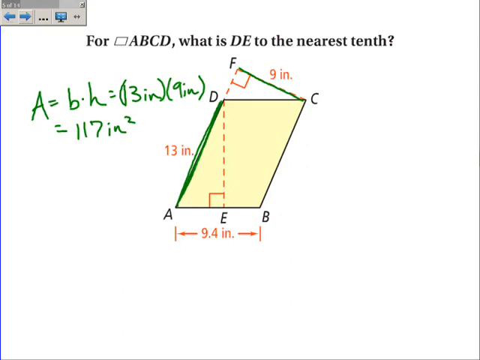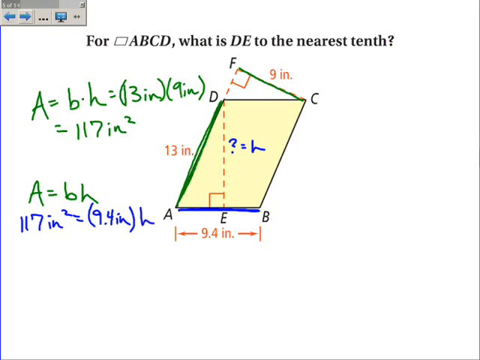Now, that's true if I use a different height and base combination. So I'll use 9.4 inches with the height of what I want to find. I'll call it h. So the area is 117 inches squared, which is equal to the base of 9.4 inches times the height of h.